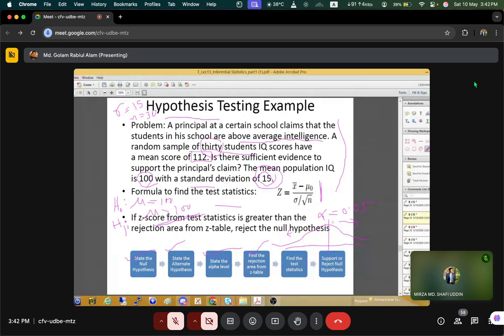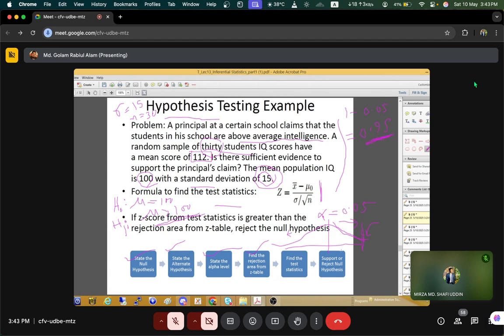So in a one-tailed test with 0.05, we need to find out the Z score. That means 1 minus 0.05, which is 0.95.